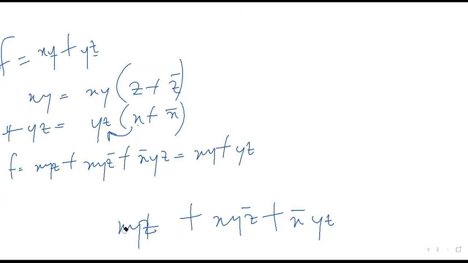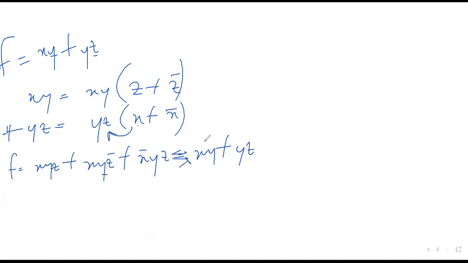So using the same rules, you can go from xy plus yz to this expanded form, and you can go in the other direction using the same rules which we introduced a week ago. You can go both ways. But now we need the rules to come up with this canonical form.